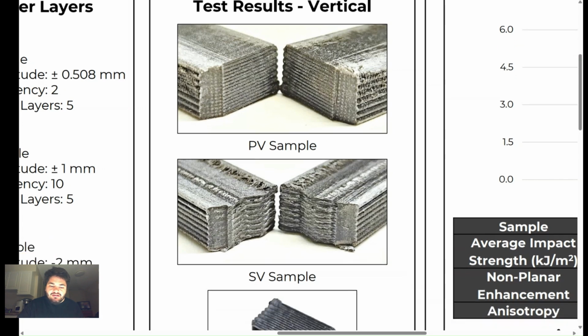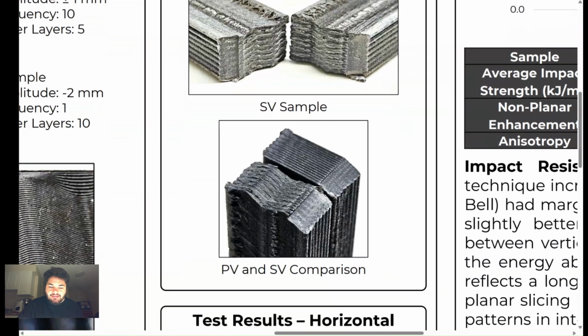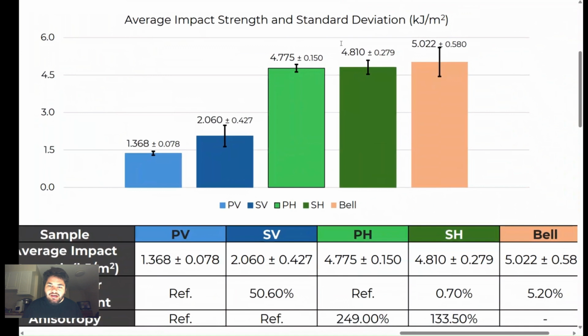The sinusoidal vertical sample has more path and a rougher fracture surface, which means the crack had to use more energy of the hammer to break. Here you can see the comparison between them. As for the horizontal ones, they all had pretty much the same result. The error bars here indicate that I cannot say that they are statistically different.